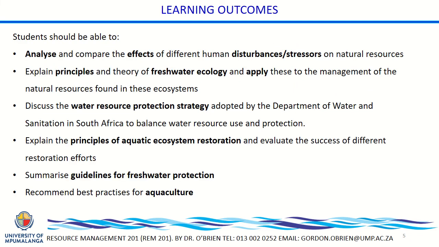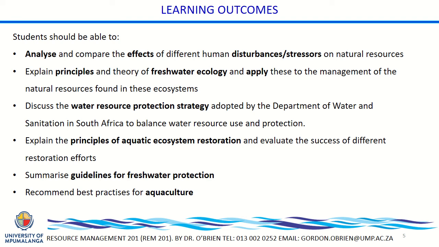You should be able to analyze and compare the effects of different types of human disturbances or stresses, multiple stresses, on ecosystems. Explain principles and theory of freshwater ecology and apply them to manage and conserve your ecosystems, as well as looking at natural resources and natural resource infrastructure and capital around us. Second year is different, eh?